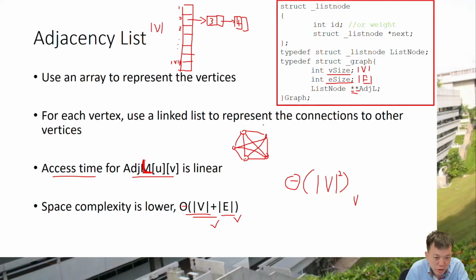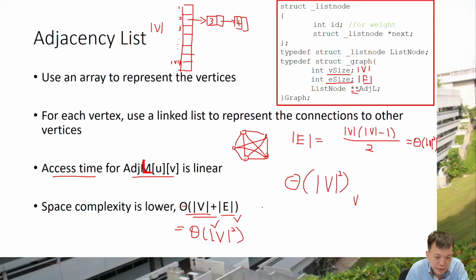That means in the complete graph, in the worst case scenario, your E should be V times V minus 1 divided by 2, which is in V squared. So this thing in the worst case scenario is in V squared.